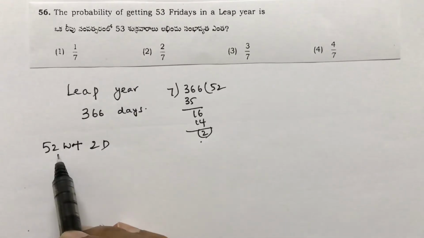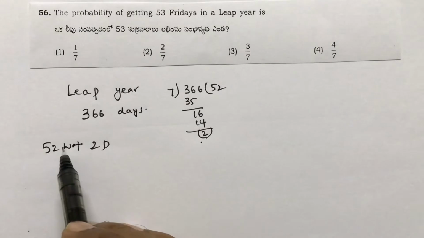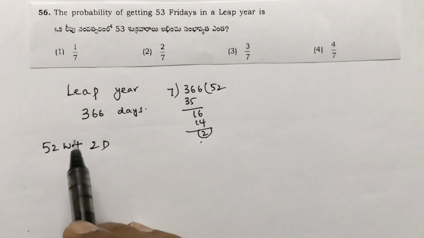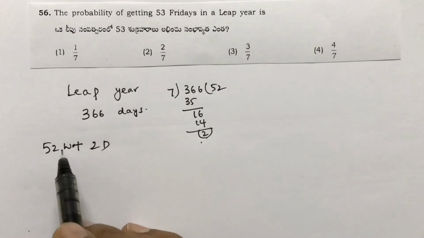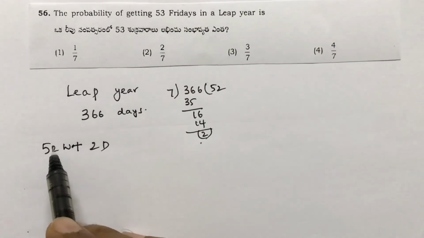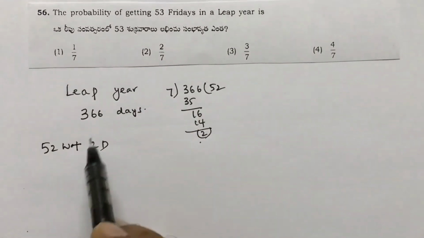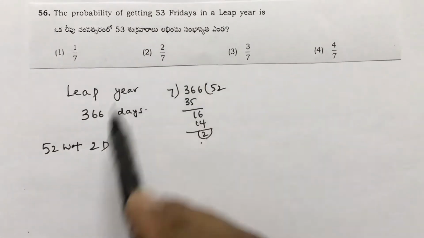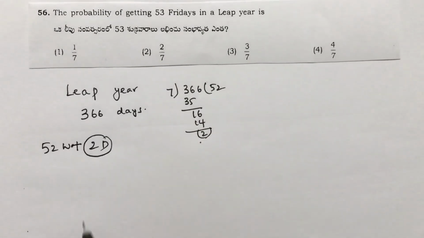So in these 52 weeks, every day from Monday to Sunday, you'll get 52 times, but they're asking for 53 Fridays. So this 53rd Friday will be decided by these 2 extra days.